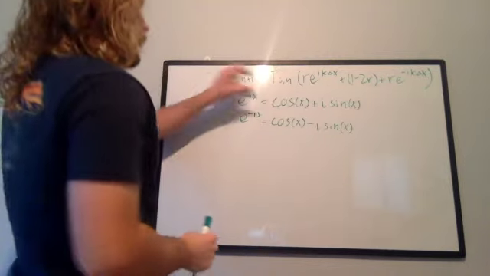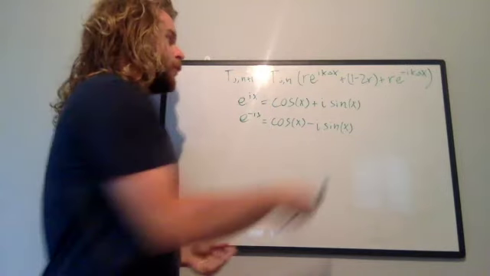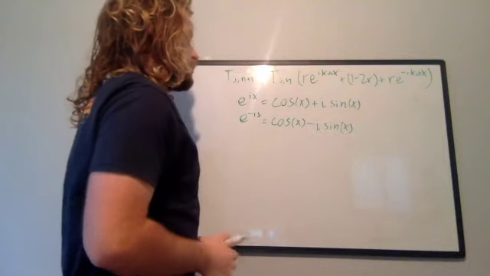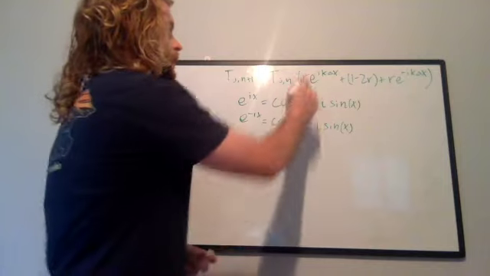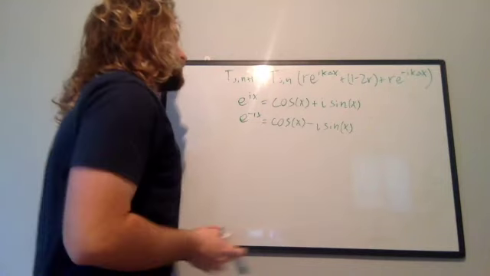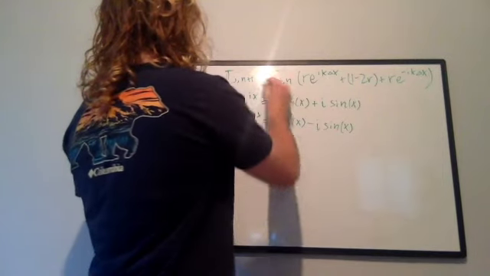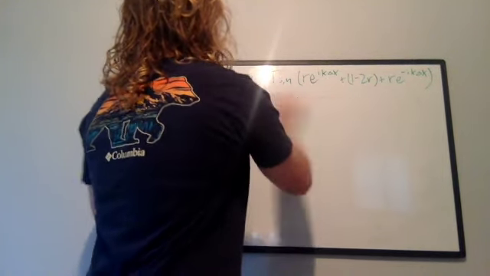So we have one of these and one of these. And what that is going to do is cancel out the imaginaries over here, and we are just going to be left with 2 cosine x, right? And we also can't forget about the r out in front, obviously. So we can go ahead and use this, and we'll write out what that would end up being.